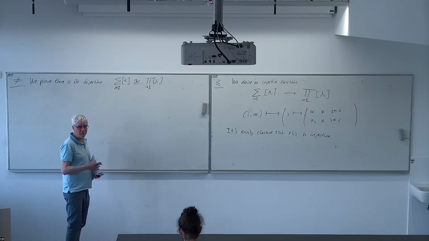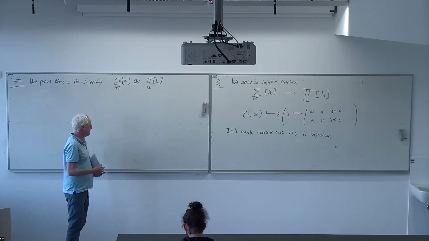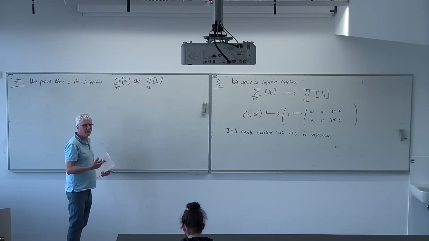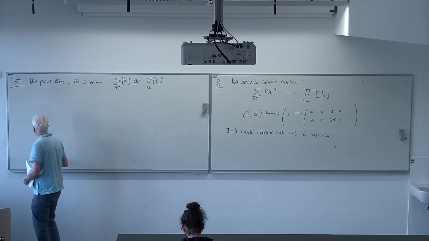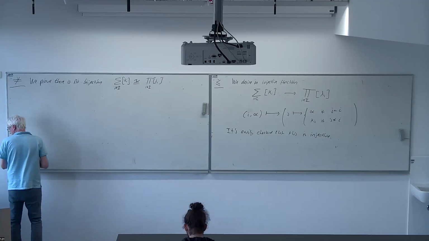So we're going to assume we have a bijection and we'll get a contradiction. What would be nice is to do this in a pictorial way so we can see what's going on. So we'll do that as far as we can.